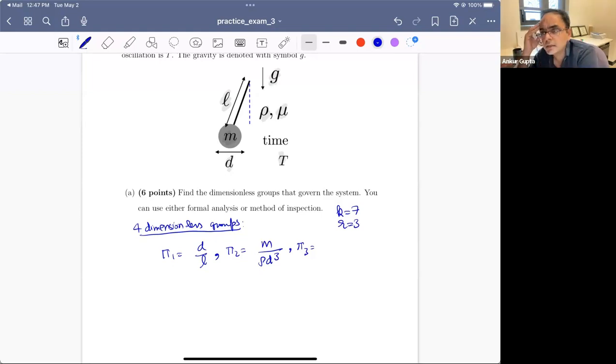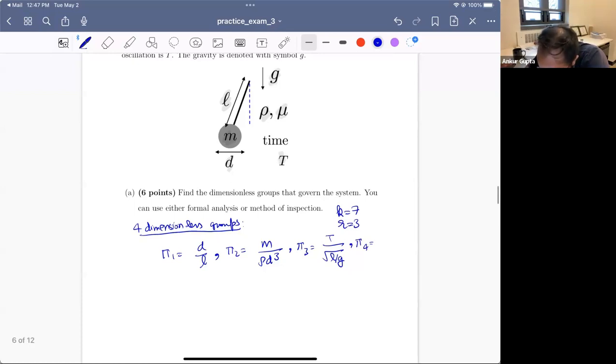We also know, and this is more knowledge than something you may necessarily remember, that time goes as the square root of L by g. So, T by square root of L by g is pi 3, and I'm trying to use all of the variables. Then pi 4 should be a good old Reynolds number.